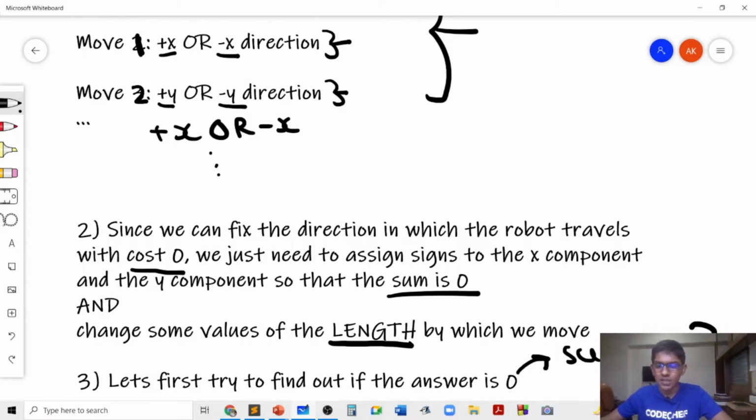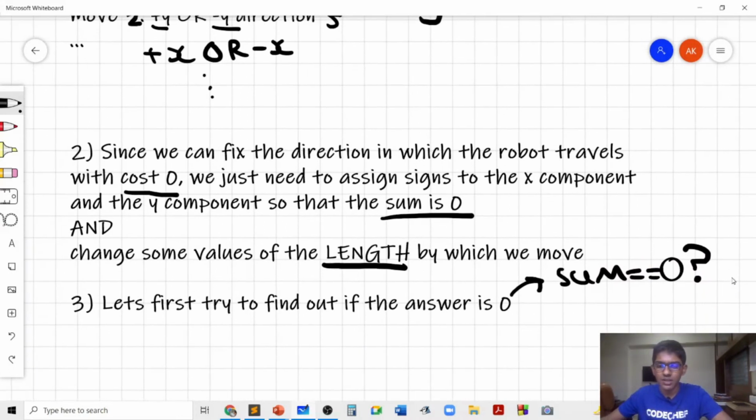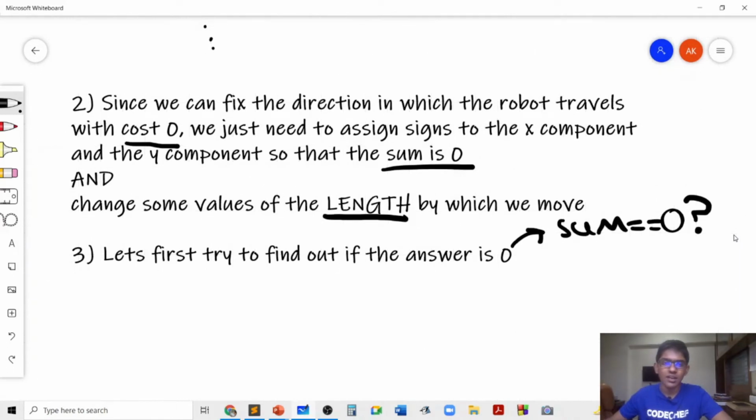And that DP approach will actually lead us to generalizing that same DP approach, or basically using the same DP table to find out the final answer. So now I'll be presenting the DP approach to check whether we can assign directions without changing the lengths, so that the delta x and the delta y are both 0.